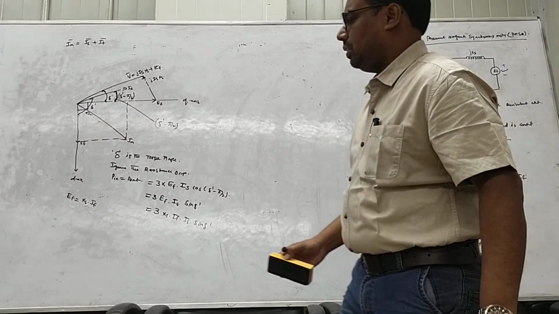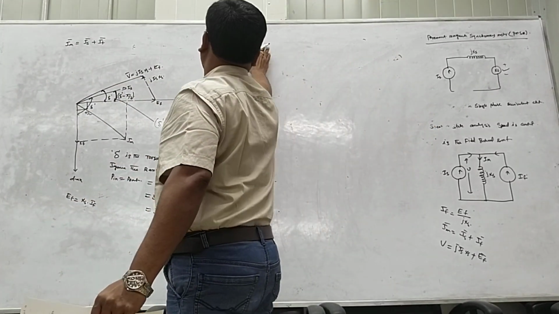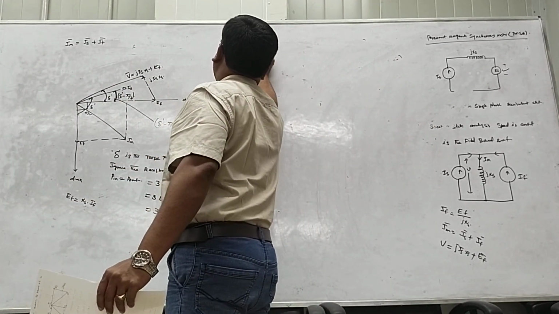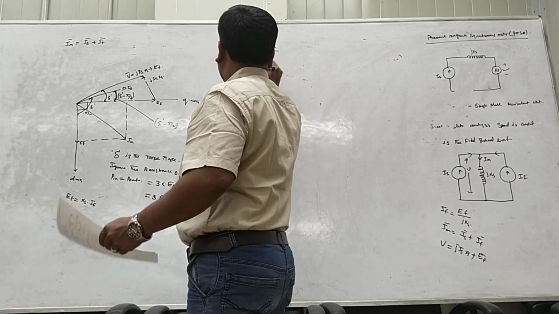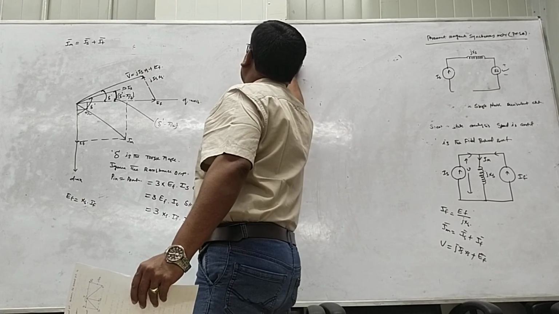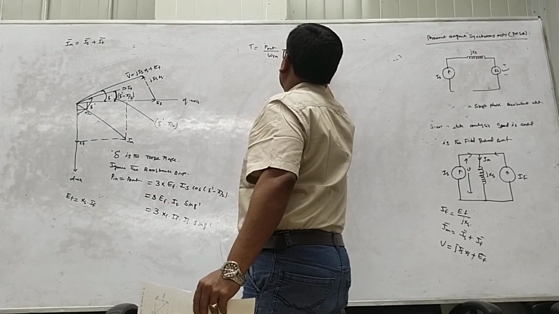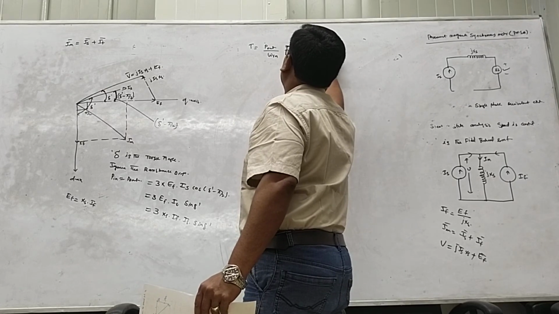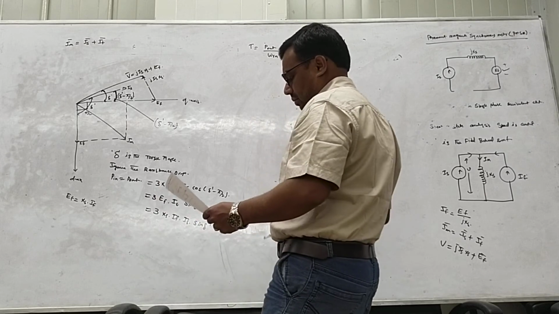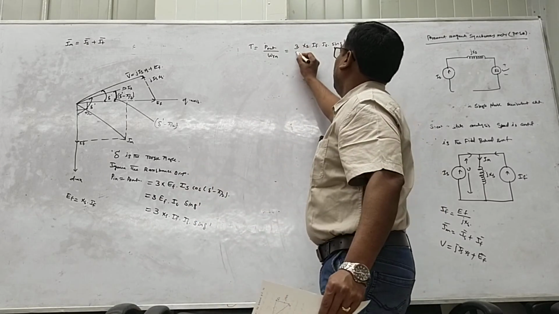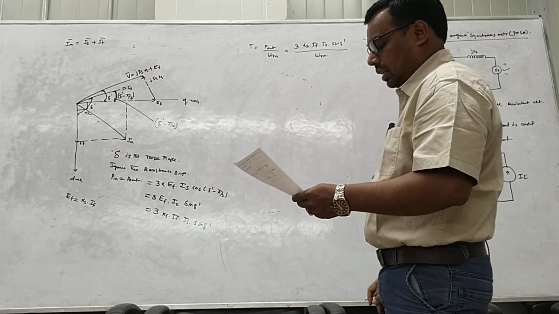Torque is equal to the mechanical power P output divided by omega Rm, which is 3 into xs into If into Is into sine delta prime divided by omega Rm.